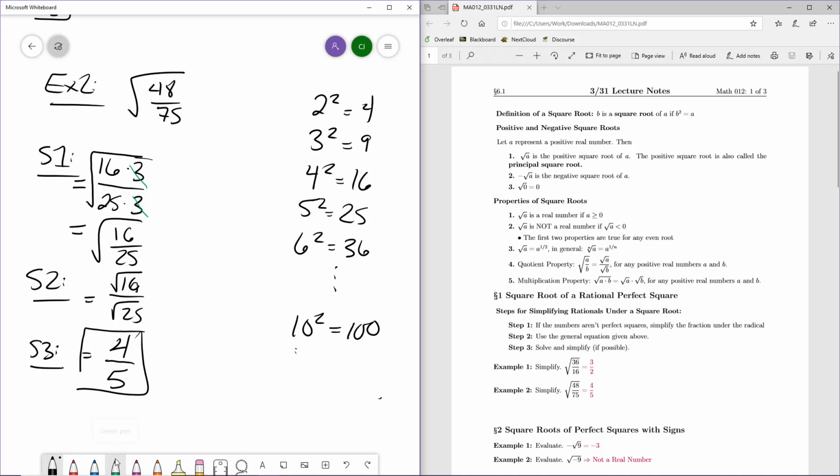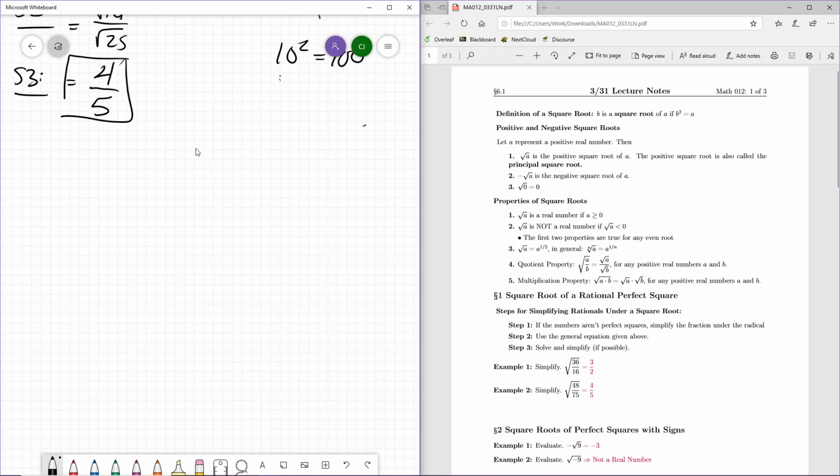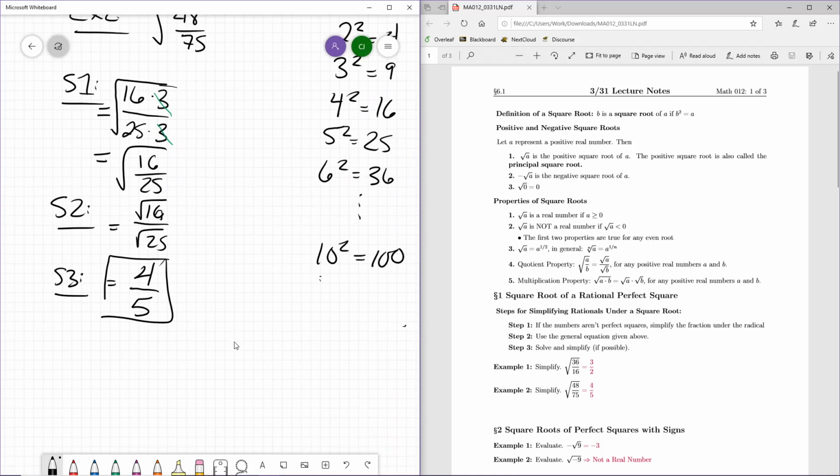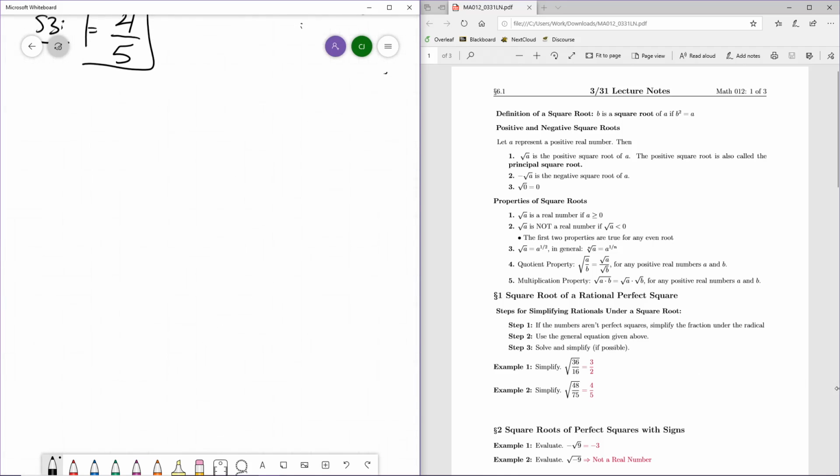Before I go on into the next section, I know I put step 1, step 2. So how do I expect you to solve this? Let's do example 2 again. If it says simplify 48 over 75, I want it to be this: just say 16 times 3 over 25 times 3.